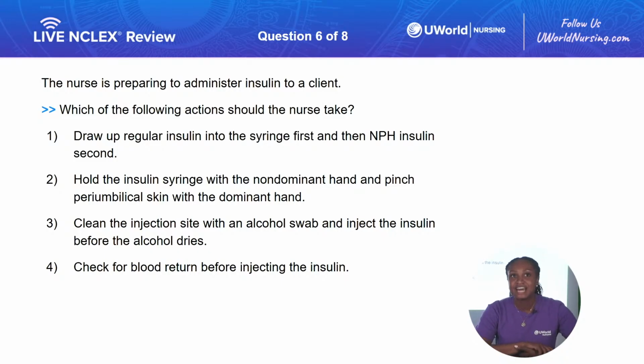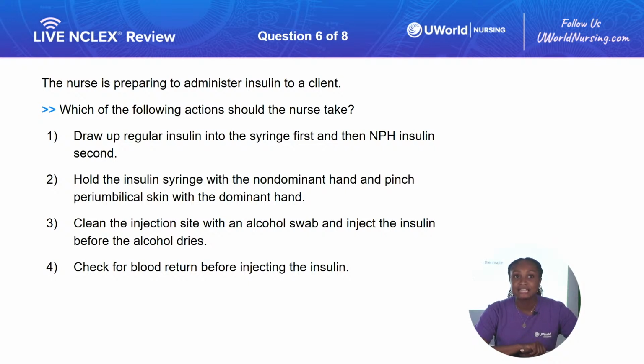Next question. The nurse is preparing to administer insulin to a client. Which of the following actions should the nurse take? Option 1, draw up regular insulin into the syringe first and then NPH insulin second. Option 2, hold the insulin syringe with the non-dominant hand and pinch the periumbilical skin with the dominant hand.